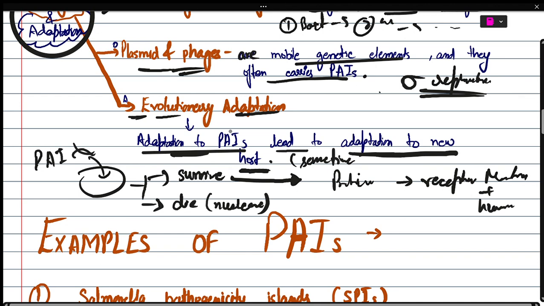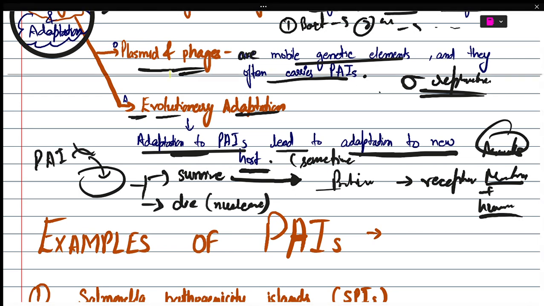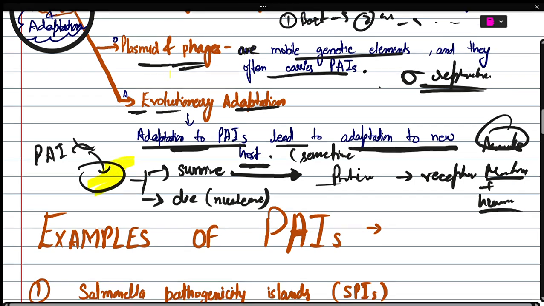So earlier, that bacterium was affecting only a mammal, but now after the introduction of the PAI, this bacterium can also infect monkeys and humans. So that is how the PAI shows the evolutionary adaptation feature.